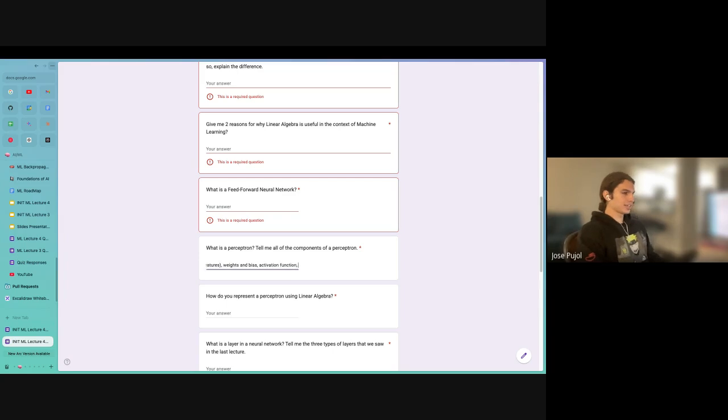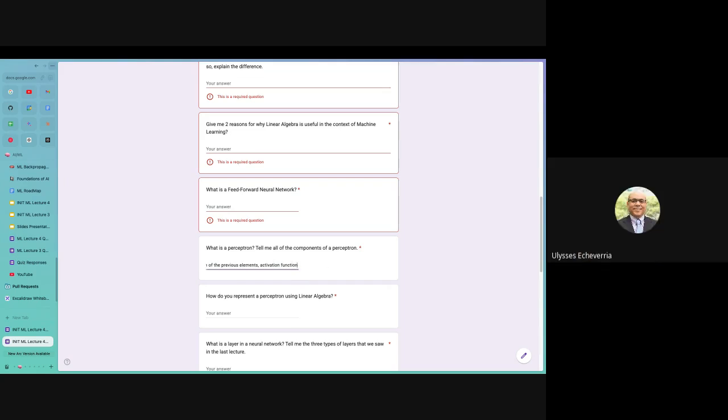And then I guess implied, before I write activation function, I'm going to write linear combination of the previous elements. So linear combination of the inputs and the weights, right? And then an activation function. Exactly.